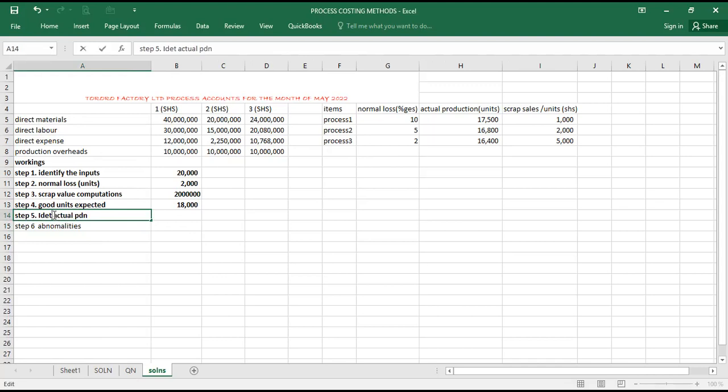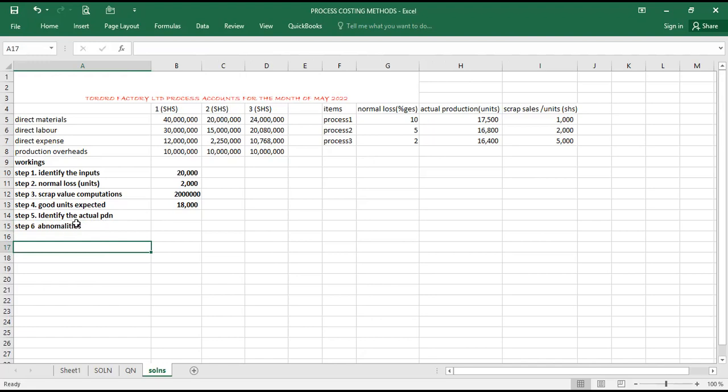Here we are saying we identify the actual production, because this one is always given in the question. What if they don't give you this actual production? It means they must have given you these abnormalities. When they give you these abnormalities, they are the ones we use to determine the actual production.